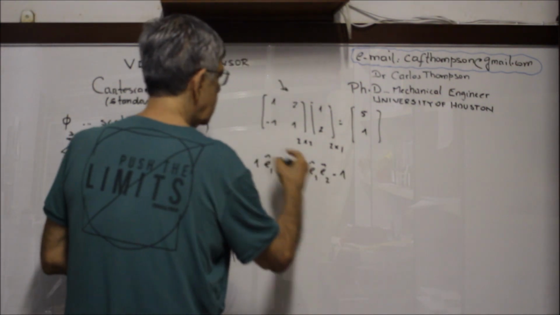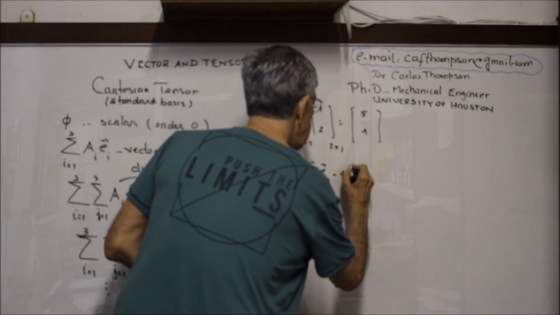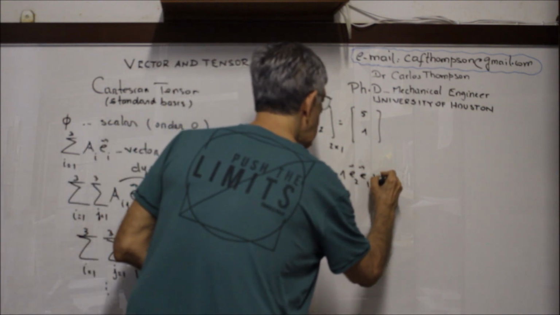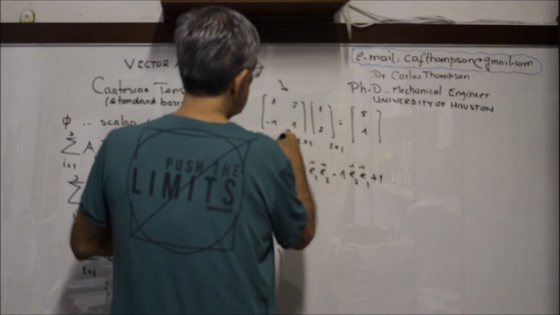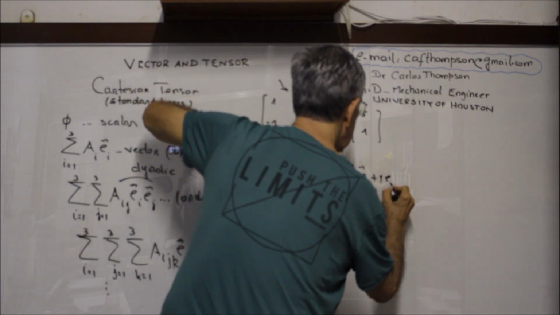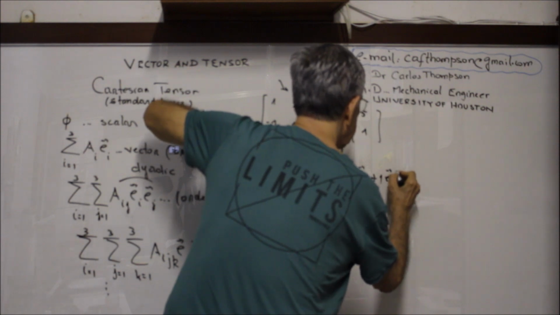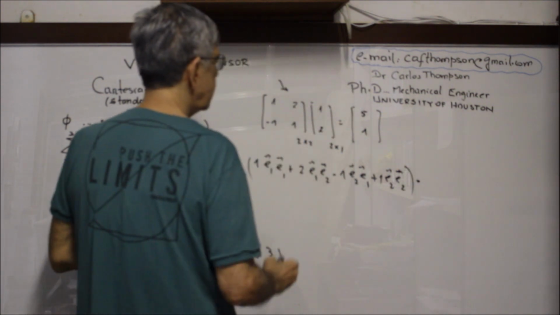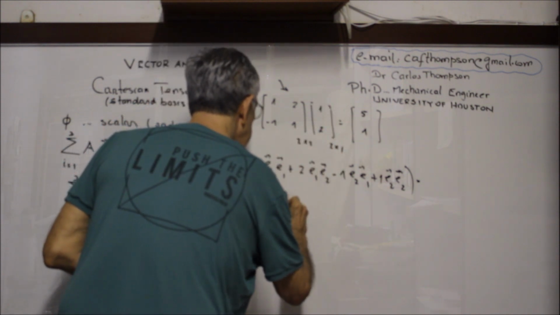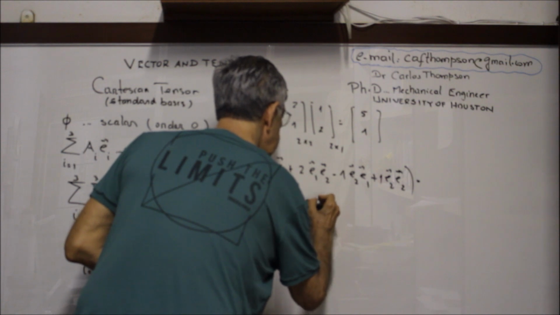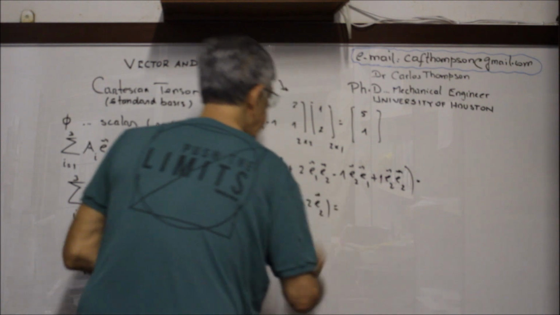Minus 1 E2 E1, plus 1 E2 E2, dot this vector here, 1 E1 plus 2 E2.